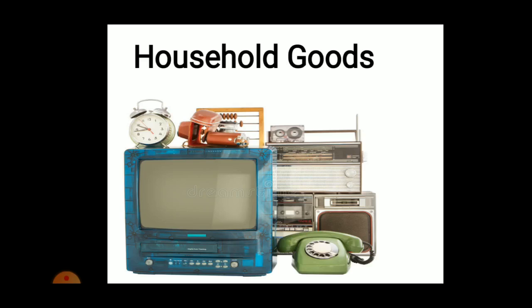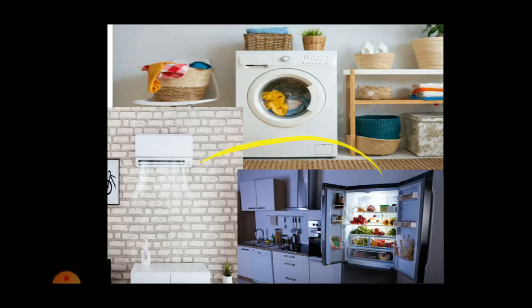In ancient times, people used telephones, tape recorders and black and white TV. These are all household goods. But in modern days, people use washing machines, fridges, AC and air coolers. Those are all the modern day household goods.